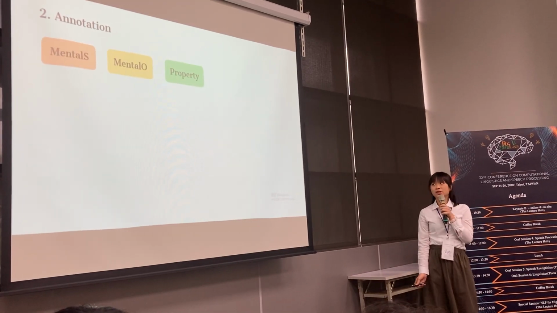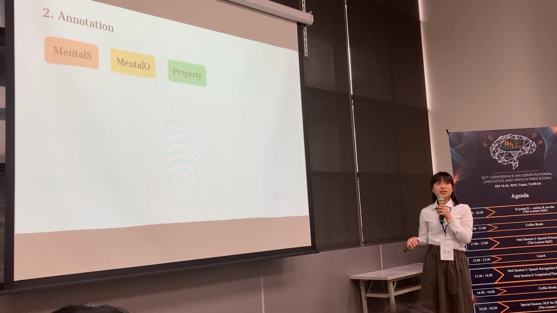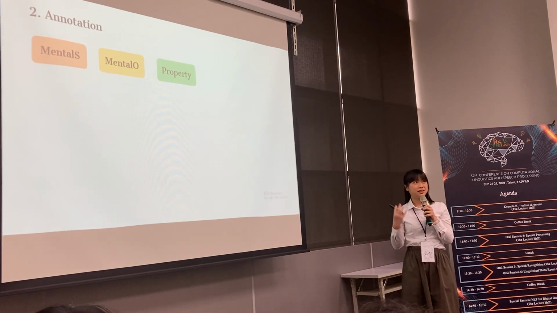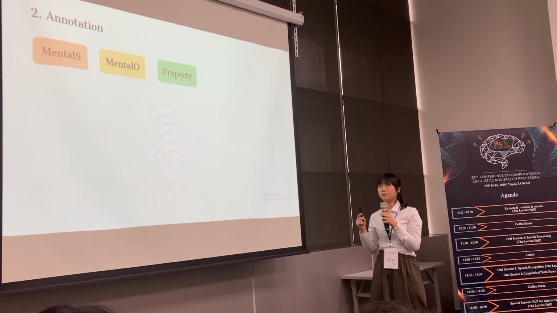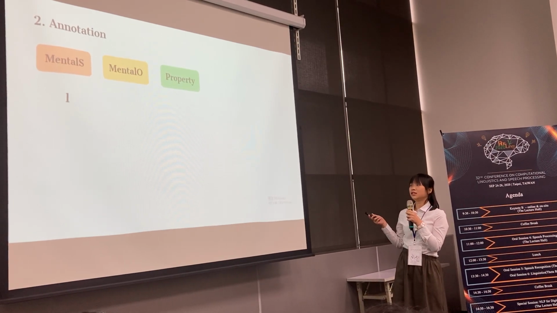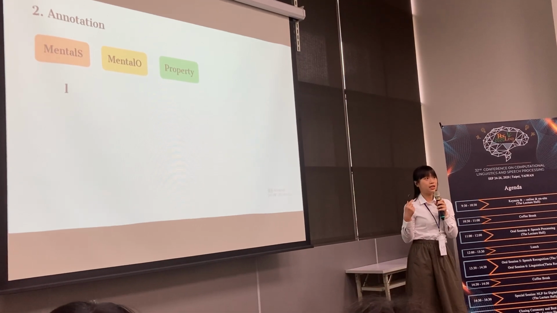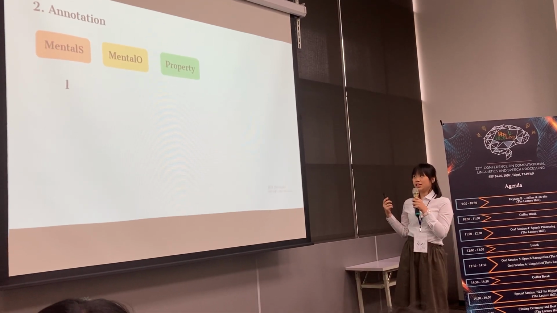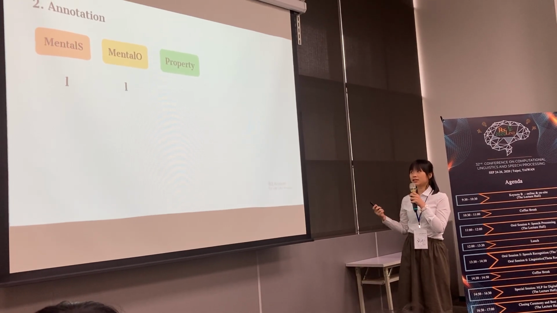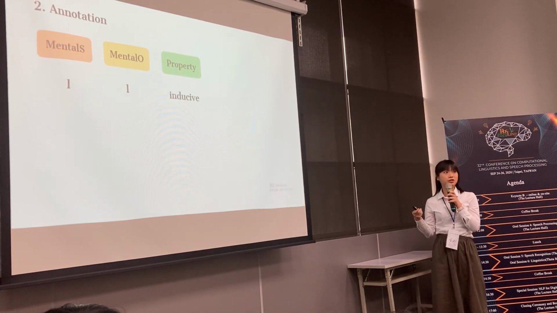The first thing we do is to decide whether the subject is mental. If the subject of the causative construction can conduct the action on its own, it is a mental subject, so we label it as 1. If the object of the construction can conduct the action on its own, it is a mental object. We label it as 1. And this type of causative construction is inducive.